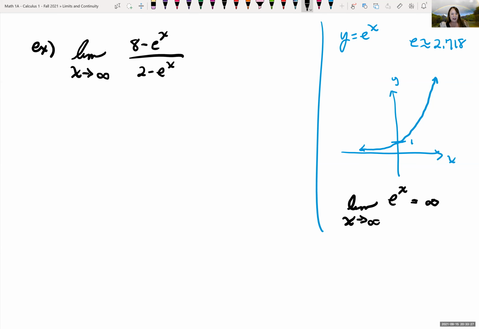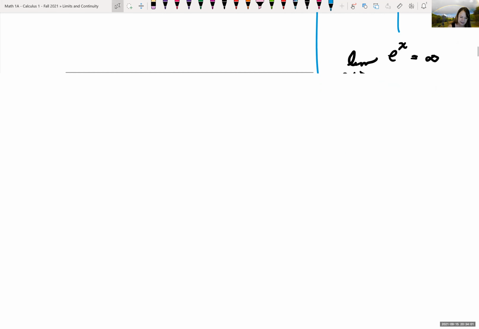Well, we have to be a little bit careful because we have this minus sign in front of this e to the x. Recall, if I put a negative in front of that e to the x, it's like multiplying this equation by -1. That's changing my y value sign, and if I change the sign of my y value, that's a reflection across the x-axis. That's how I remember it. So let's think about the graph of negative e to the x.